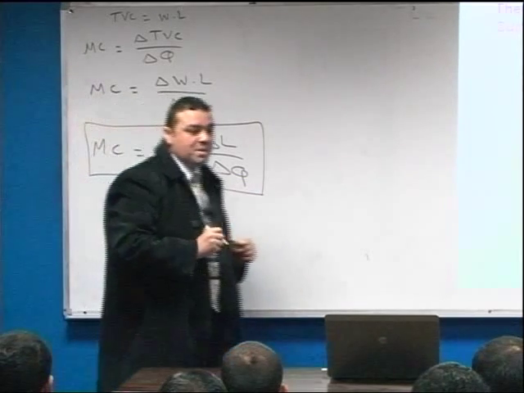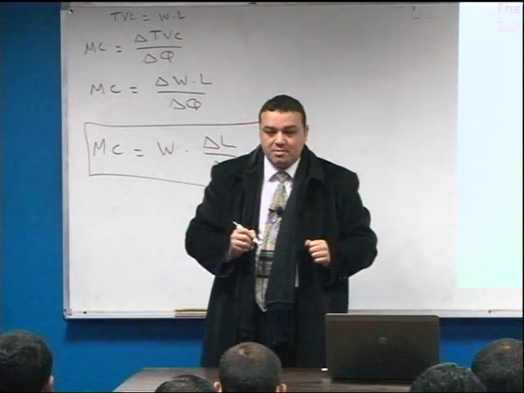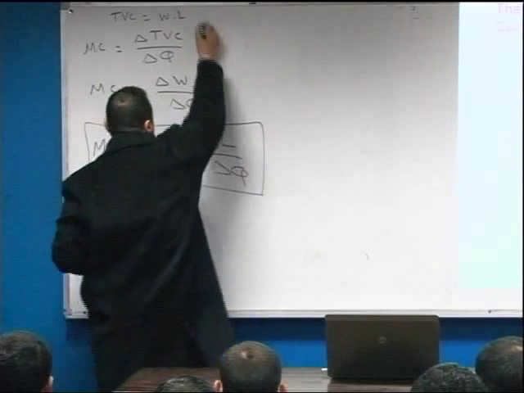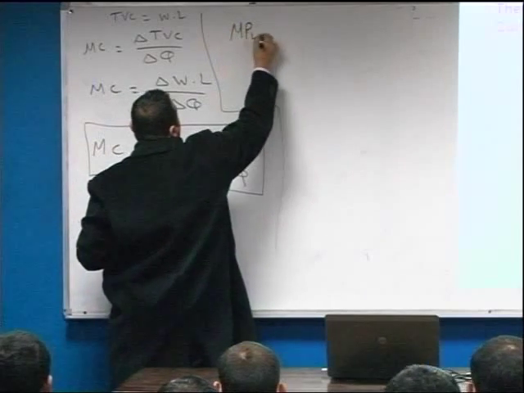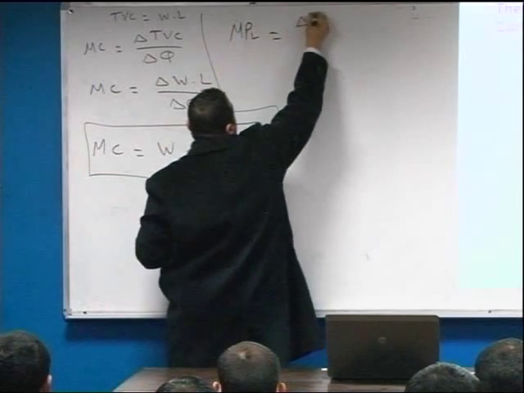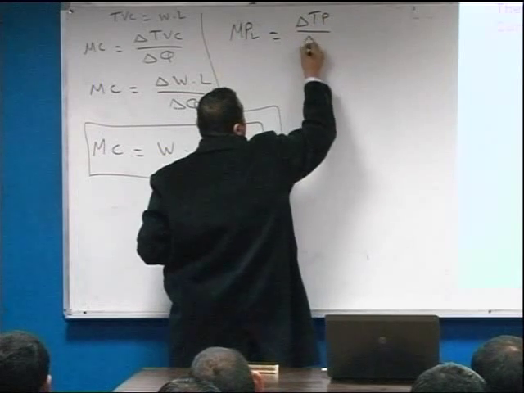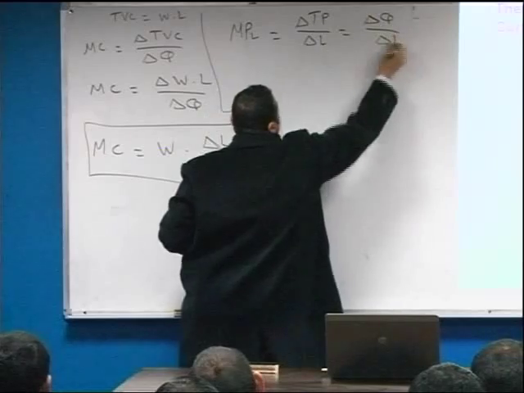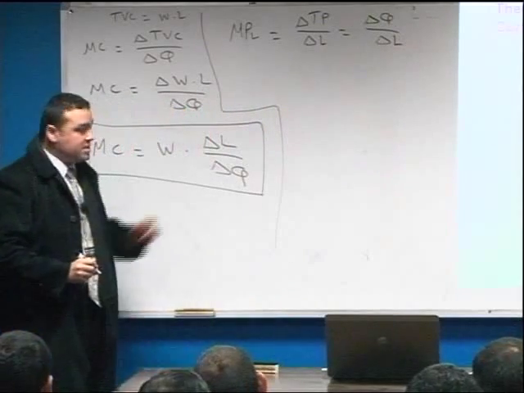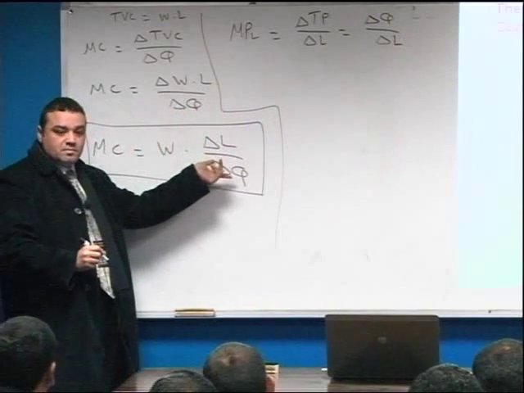What about MPL, the marginal production of labor? As you know, the marginal production of labor equals delta total production over delta L, or delta Q over delta L, right? It's the opposite of this case.